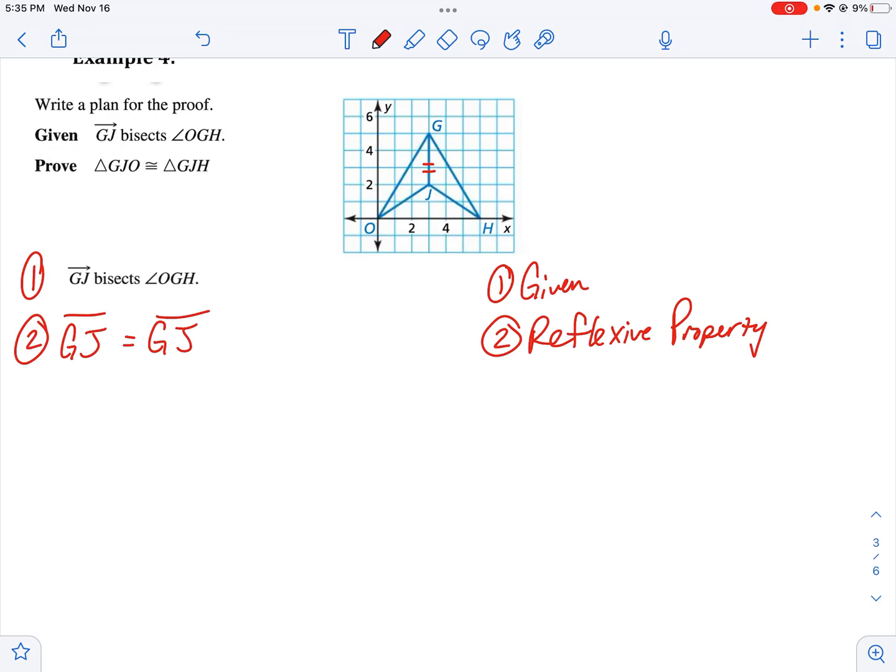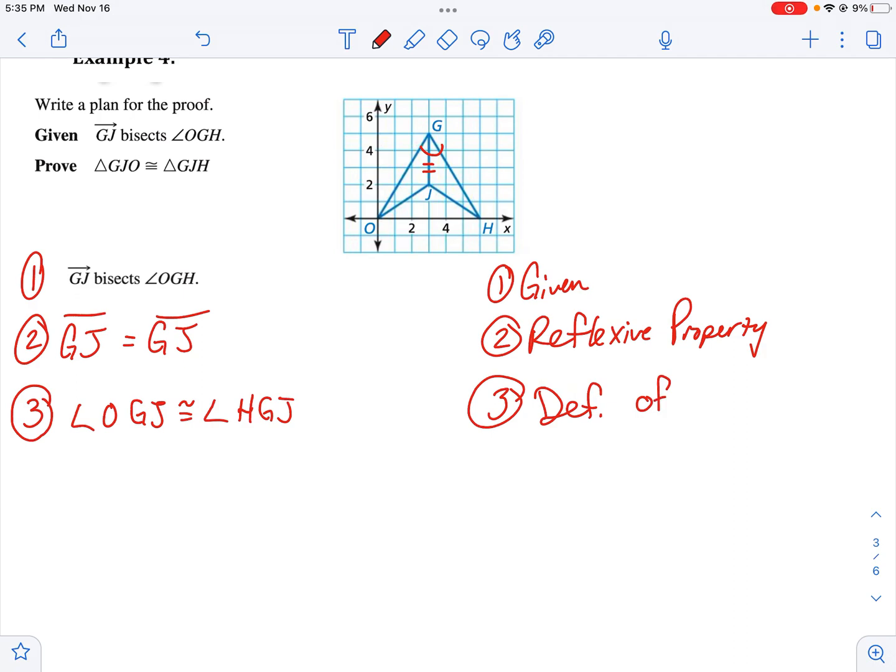So what I need now is to figure out, again, what angles are congruent since it was bisected, and those angles must be angle OGJ and angle HGJ up top. And that was by the definition of what it means to be an angle bisector.